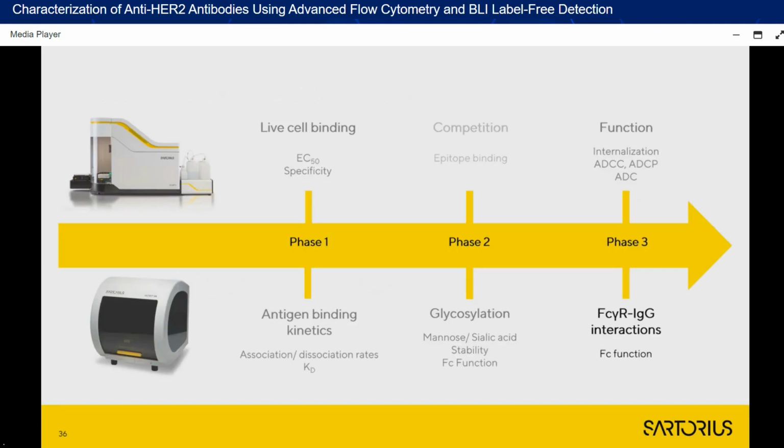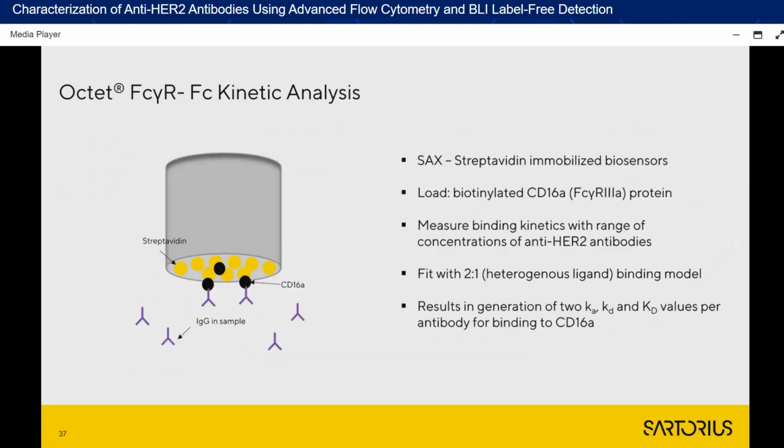And then finally, we had a look at the Fc gamma receptor to antibody interactions. For these experiments, we used a streptavidin immobilized biosensor. And this meant that we could immobilize a biotinylated form of CD16A, or Fc gamma receptor 3A protein, and then we could measure the kinetics of binding with a range of concentrations of our anti-HER2 antibodies.